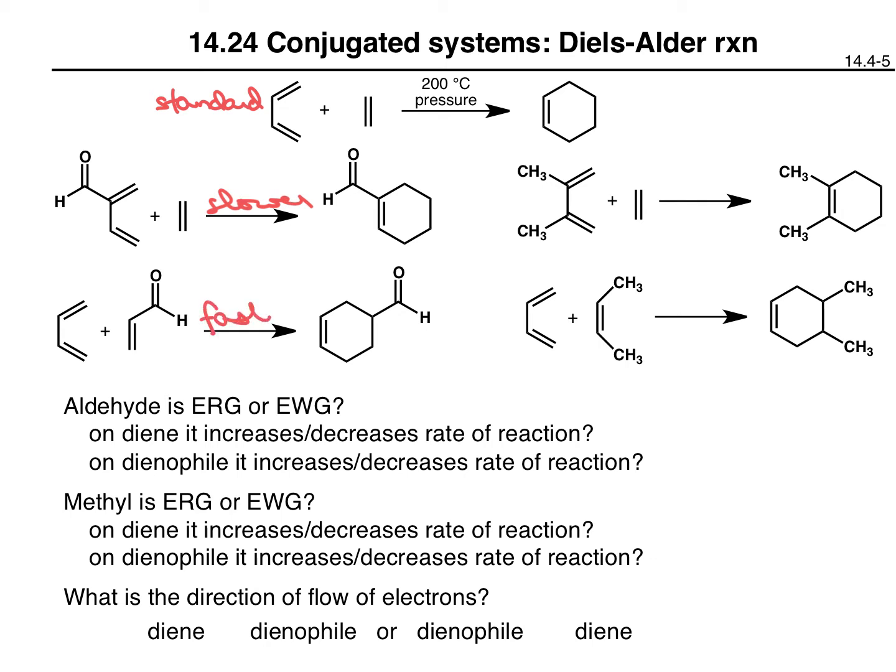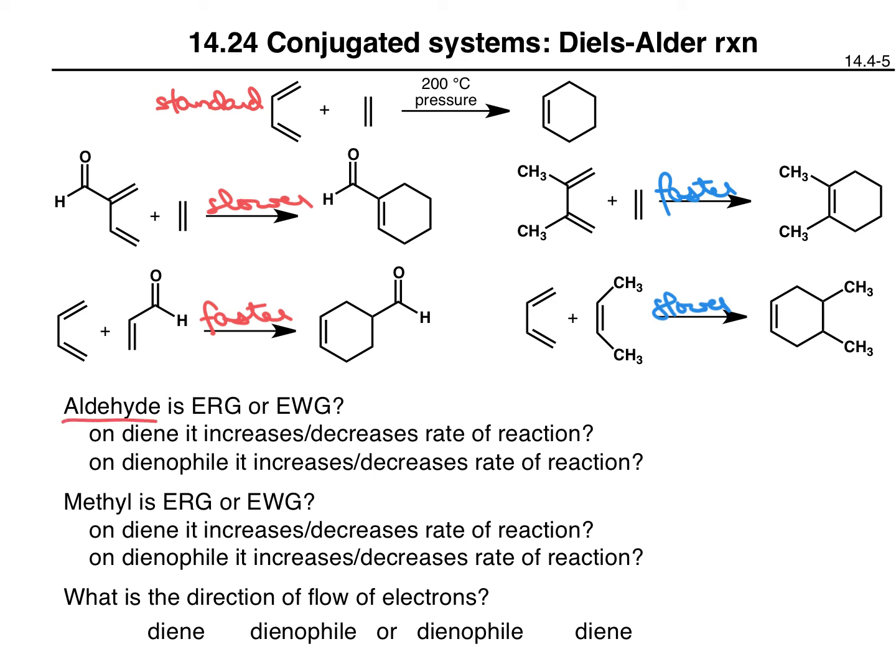This one happens faster than the standard. On the right side, we have, again, a diene. In this case, we have methyl groups on the diene, and this one happens faster than the standard. And in our last example, we have methyl groups on the dienophile. This one happens slower than the standard.